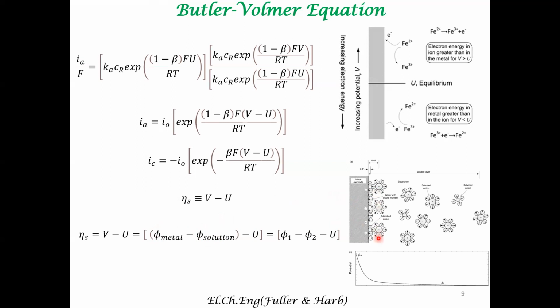We will talk about this measurement later, how you have to make that measurement. But right now, all I'm going to state is that this potential phi solution can be measured using a reference electrode placed in this region.